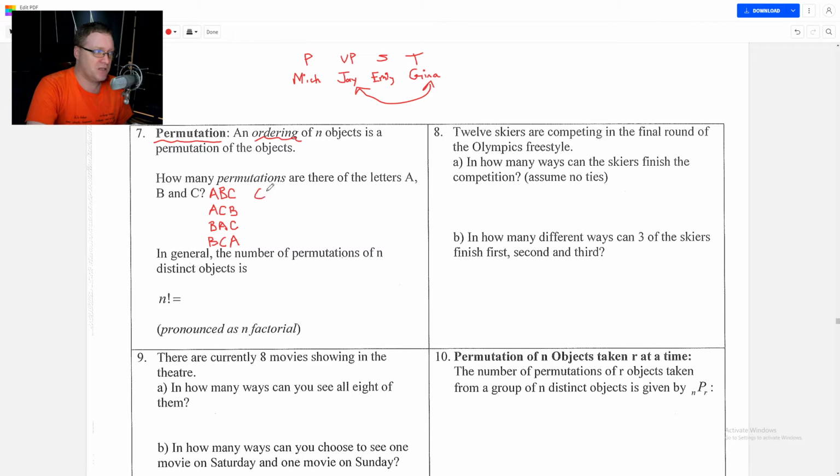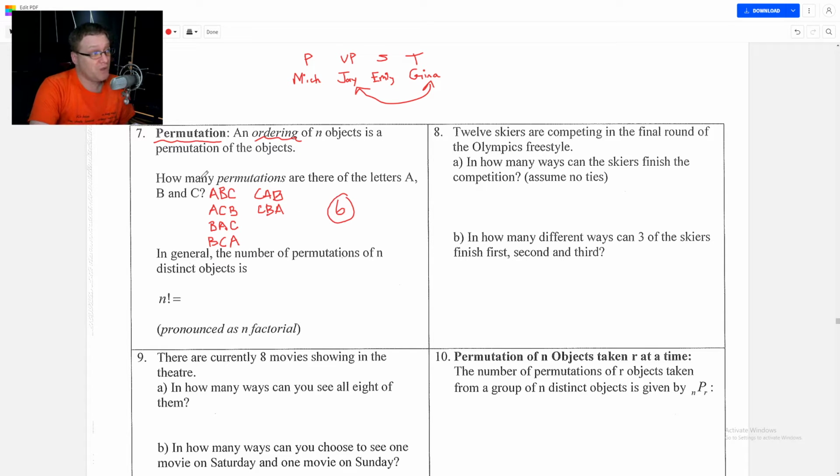Last one, C. I could have C, A, B, and I could have C, B, A. These are all of the permutations. There are no other ways that I could arrange the three letters. So how many are there? 1, 2, 3, 4, 5, 6. There are 6. So the answer to this problem is 6.